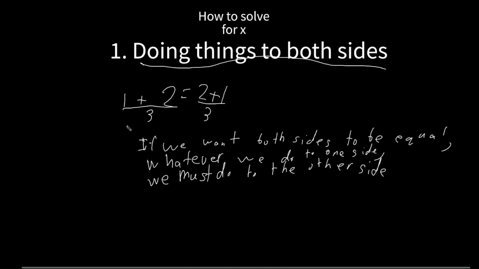And you can kind of see that if we add 1 to both sides, they're going to be equal. If we divide both sides by 3, they're going to be equal. No matter what we do, if we do it to both sides, it's going to be equal.